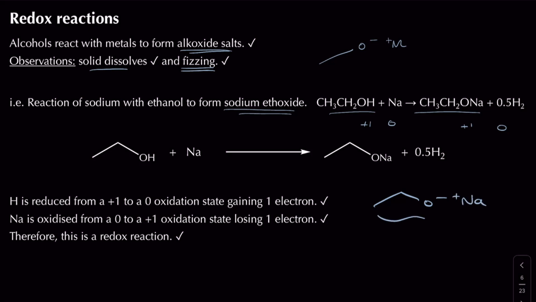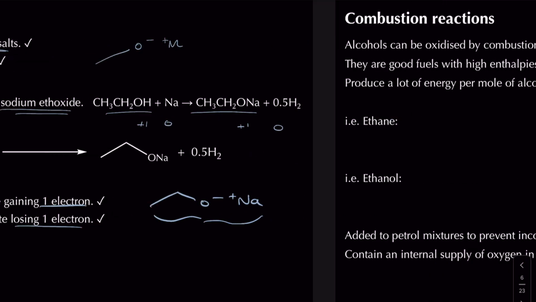The bonding is going to be ionic because you've got the strong electrostatic attraction between oppositely charged ions. We know it's a redox reaction because the hydrogen is reduced from +1 to a 0 oxidation state, or in terms of gaining electrons, it's gained 1 electron. Sodium is oxidized from 0 to +1 oxidation state. We know it does this in terms of electrons by losing 1 electron. So we know, of course, we've got a redox reaction here.